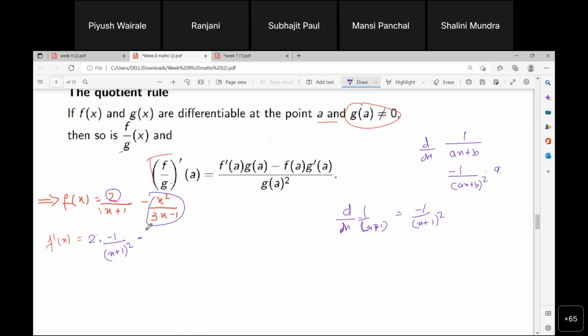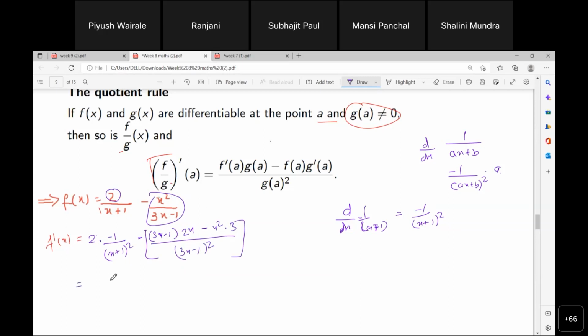x square upon 3x minus 1. So just take the denominator, that is 3x minus 1, differentiate the numerator, that is 2x, minus keep the numerator as it is, that is x square, and differentiate the denominator, it will be 3 only, right? All over 3x minus 1 whole square.